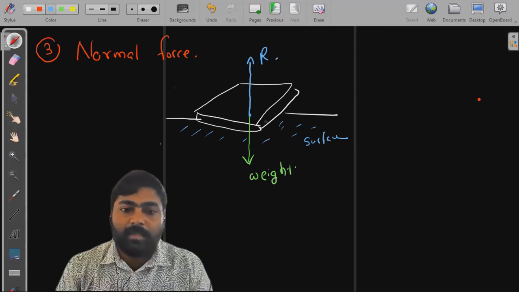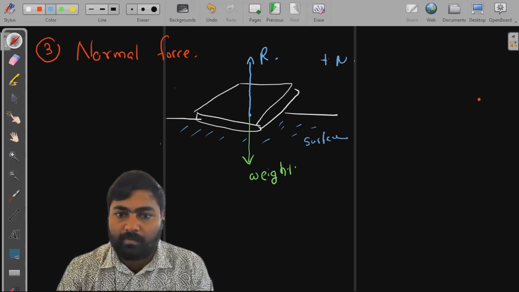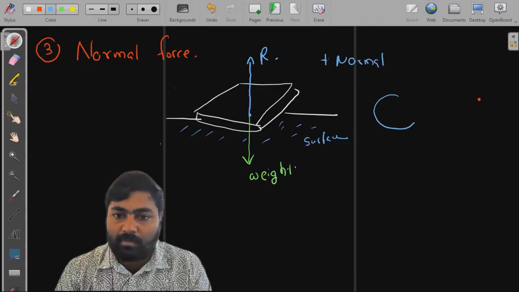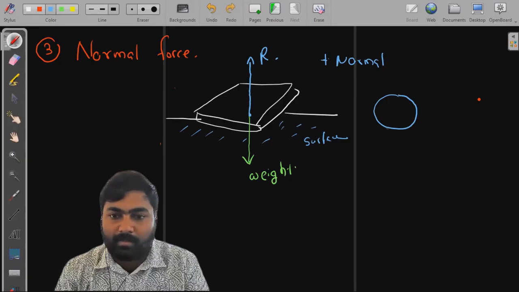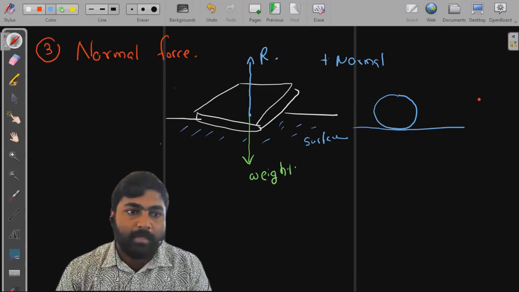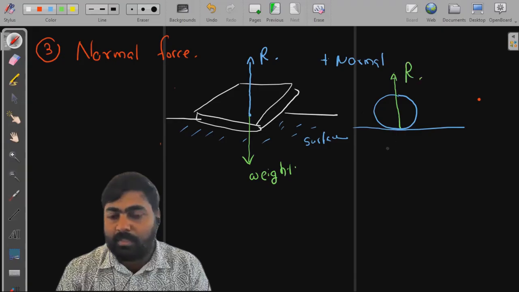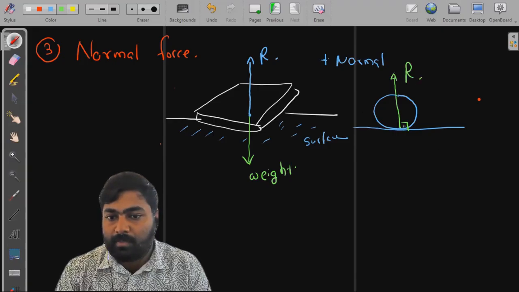Then there is a specific characteristic of this normal force. Normal force always originates perpendicular to the surface.